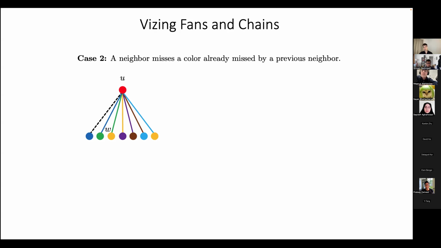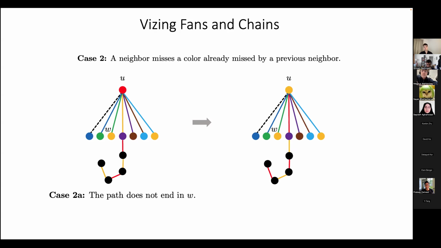So instead, we consider the red-yellow alternating path that's coming out of this vertex. Depending on exactly some different cases here, we might do something different. But the point is that we can extend the coloring to this uncolored edge by flipping this alternating path and then just rotating some colors around U.